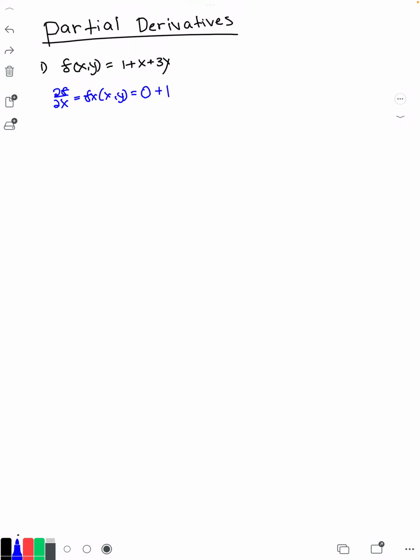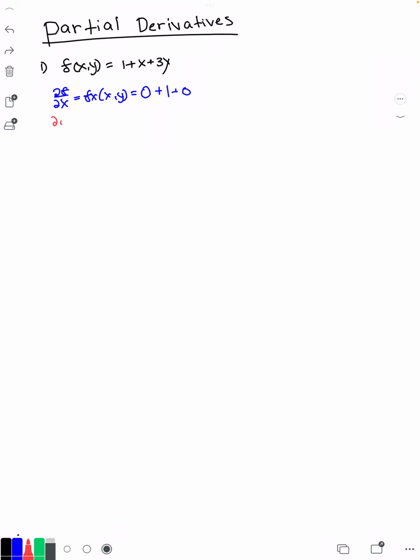X becomes 1. So, what happens to 3y? Because we're deriving based on x, if you have 3y, 3z, 3w, 3d, whatever it is, it's a random number. So it's the same as 1. So because of that, 3y is going to become a 0.